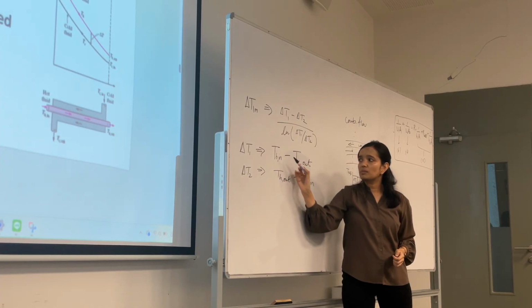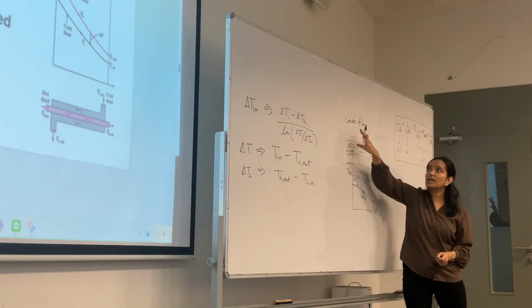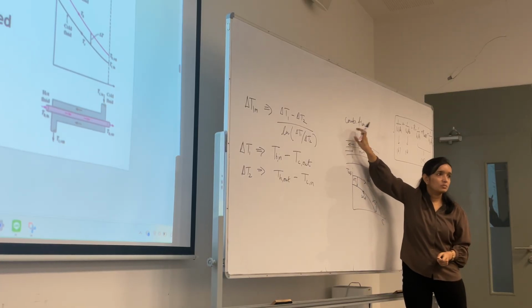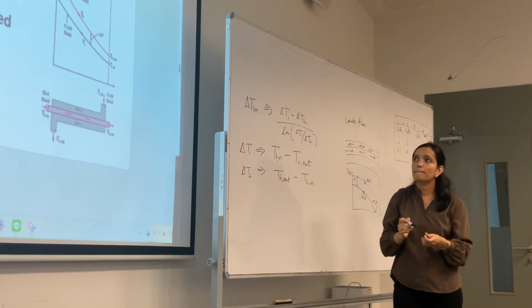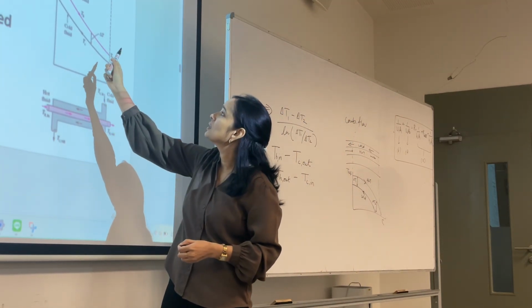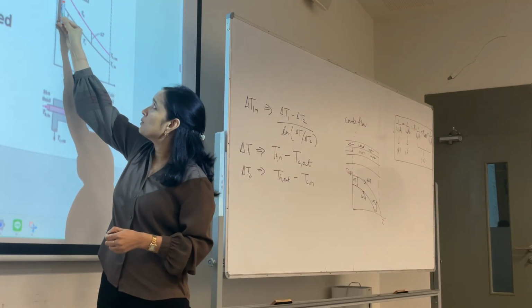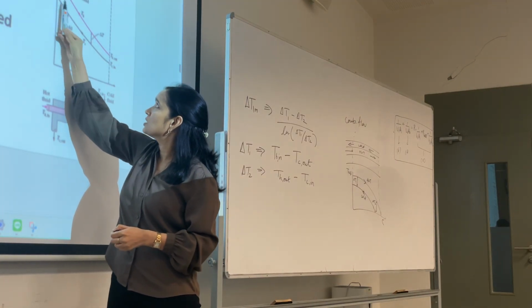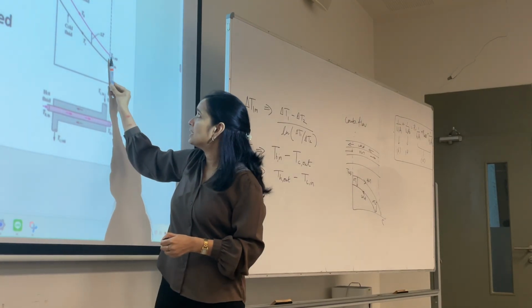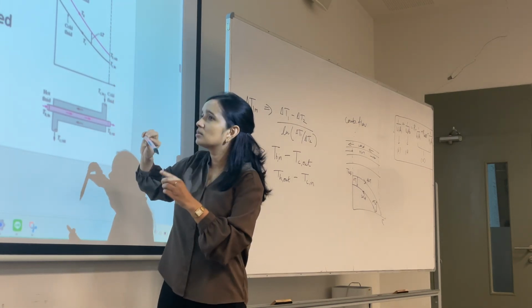So this is T2, this is T1 in the counter flow. Delta T1 is hot in, cold out. Delta T2 is hot out, cold in.